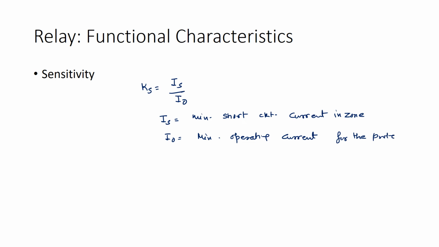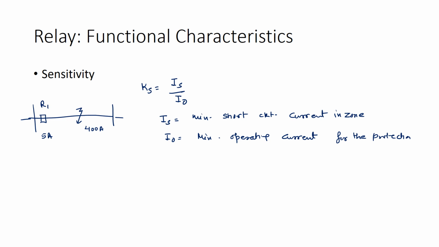So let us take an example. I take a transmission line feeder, and let us see how sensitive this is. This relay R1 is mounted over here, and let me say there is a fault current of 400 ampere over here. Let us assume that the secondary of the relay is reading 5 ampere.